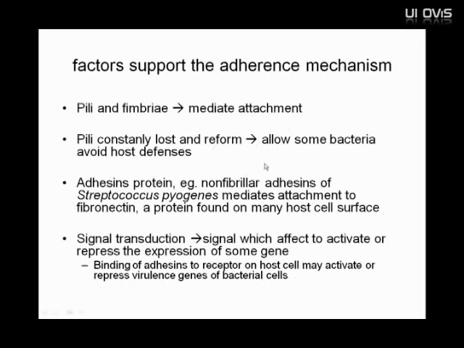There are some factors that support the adherence mechanism. Pili and fimbriae mediate the attachment, and the pili constantly lose and reform, which allows some bacteria to avoid host defenses. Adhesin protein and also signal transduction.